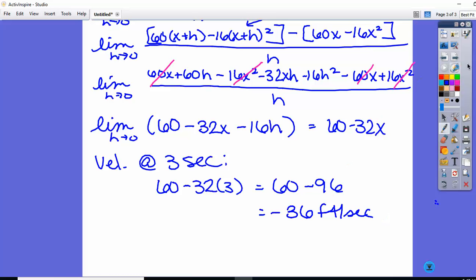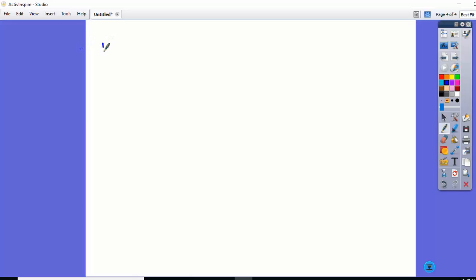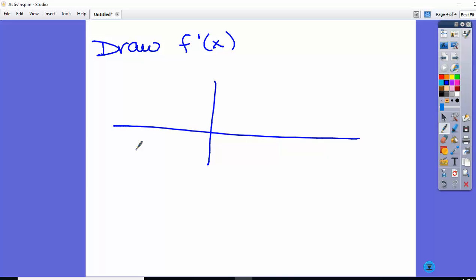One last problem. Everybody's favorite. Let's draw a derivative. It's better than trying to make a slope. I won't have you actually calculating slopes.